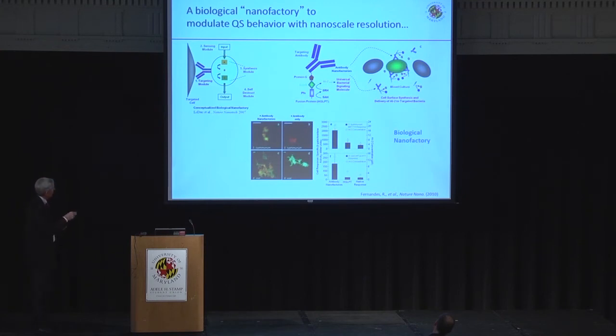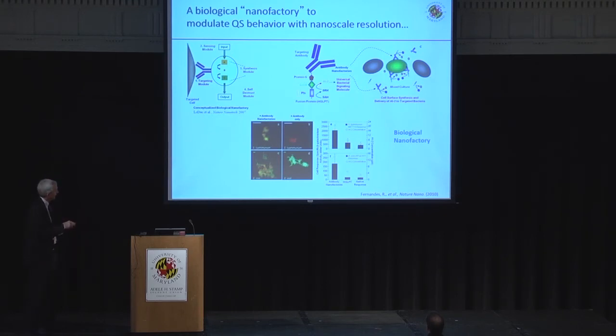That's the concept. So you have a targeting module that sends it to a target cell, a sensing module that knows when the precursors are there, it makes the output, and then, like Mission Impossible, self-destructs miraculously and goes away. That's the concept. Rohan Fernandez in our lab decided, well, that's interesting, can we try to do that?